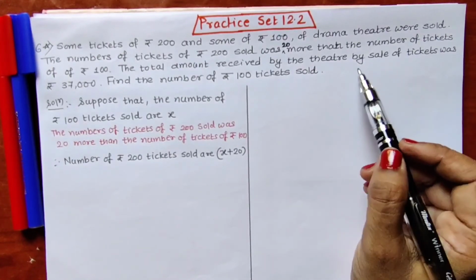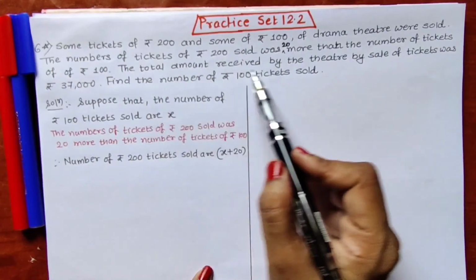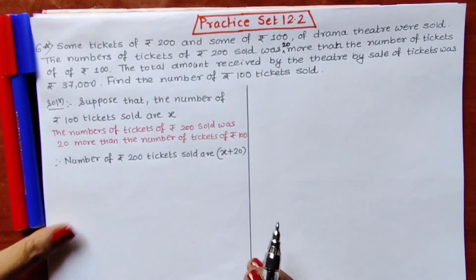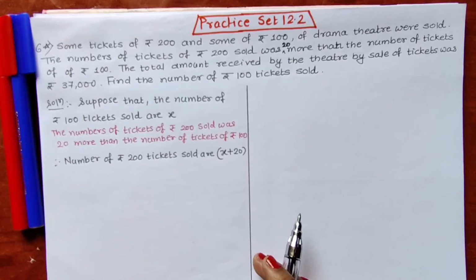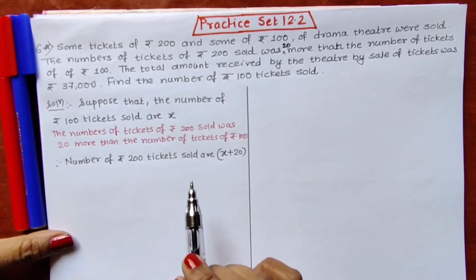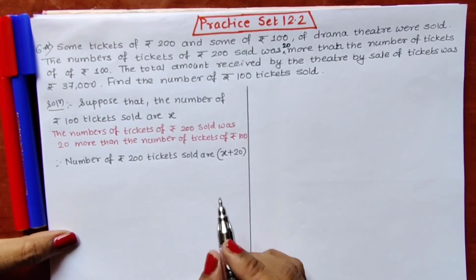Now what is there? The total amount received by the theatre by sale of tickets was 37,000. Total amount is given. We will find out the amount of sale of rupees 100 tickets and rupees 200 tickets, and then afterwards we will add them to get the total.